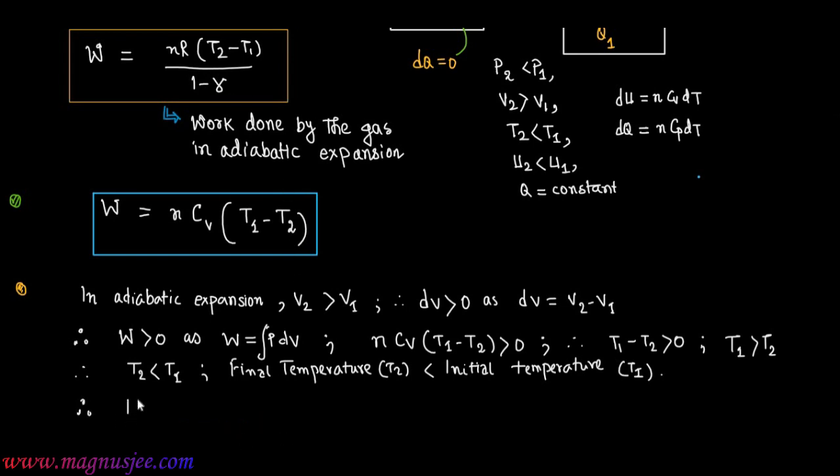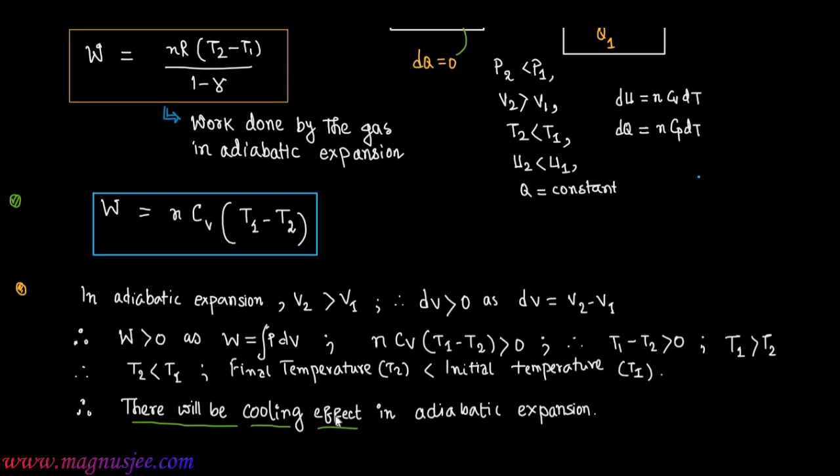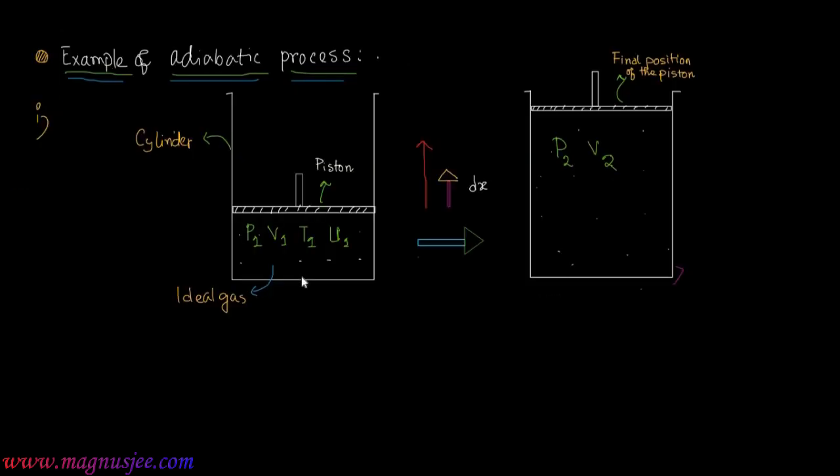As final temperature is less than initial temperature, temperature decreases in adiabatic expansion, and we can say that there will be a cooling effect in an adiabatic expansion of an ideal gas.